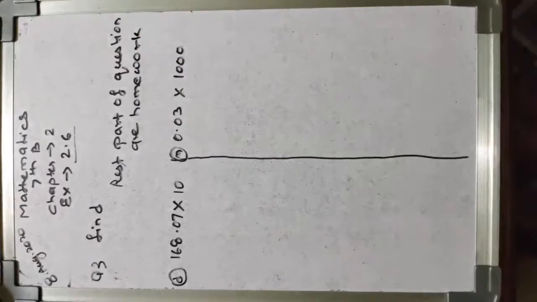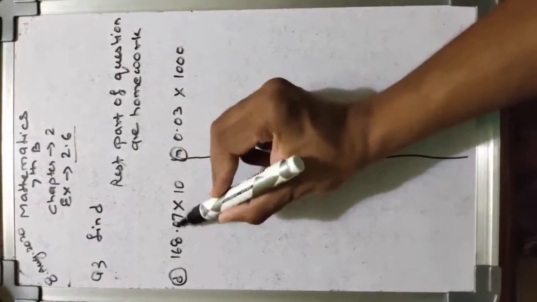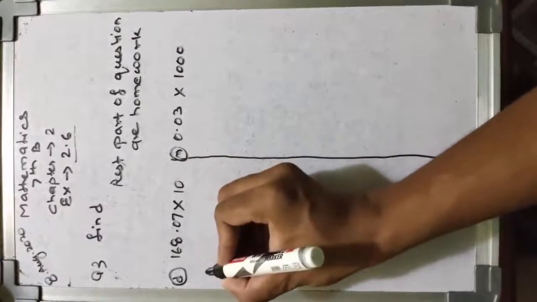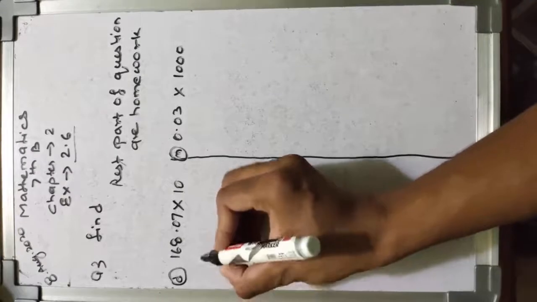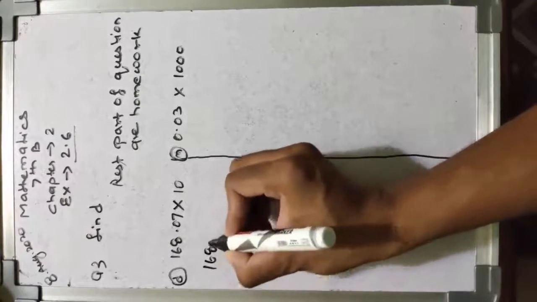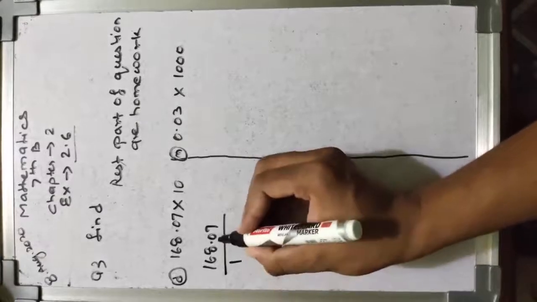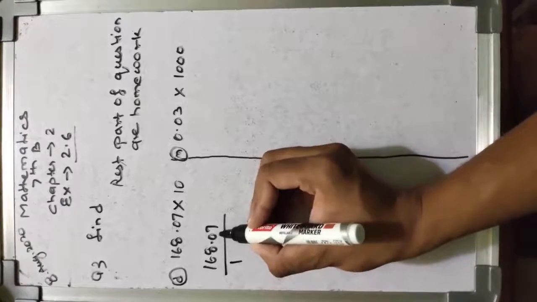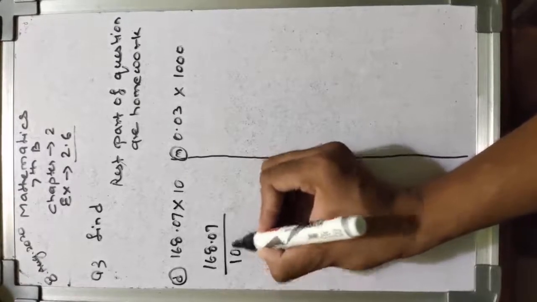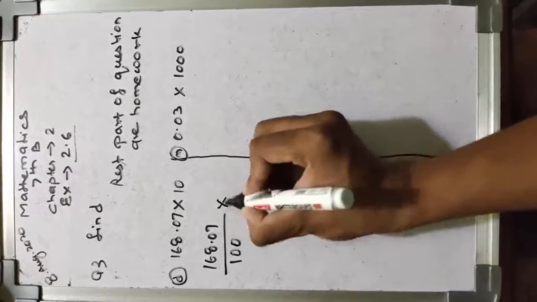So in D1, what you have to do, you have to convert it into a number without decimal. So how will I do it? 168.07. How many zeros after 1 should be? 2, because after decimal 2 digits are there, 0 and 7. 1 is for this and the second 0 is for 7, and multiplied by 10.